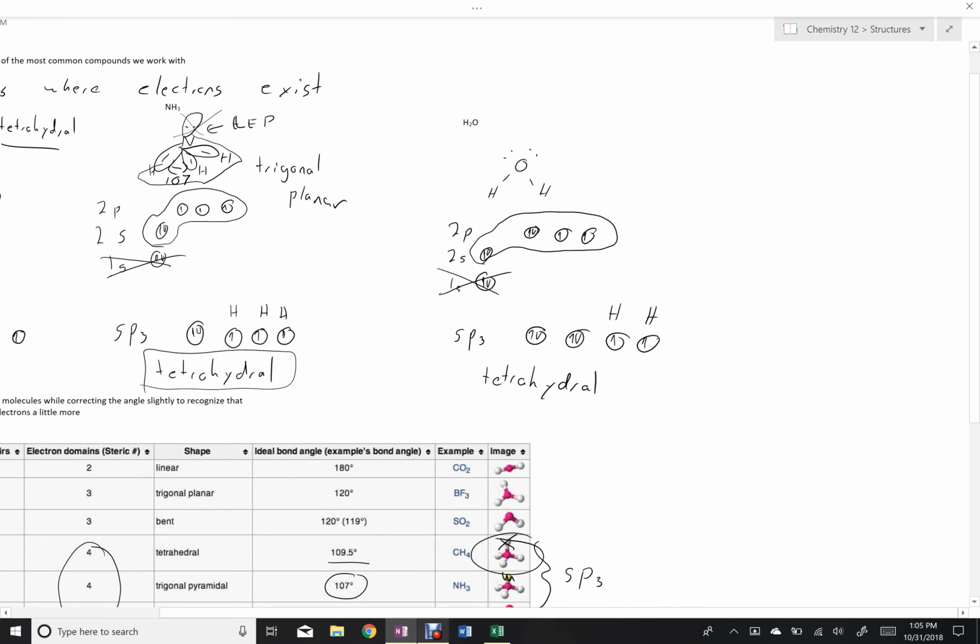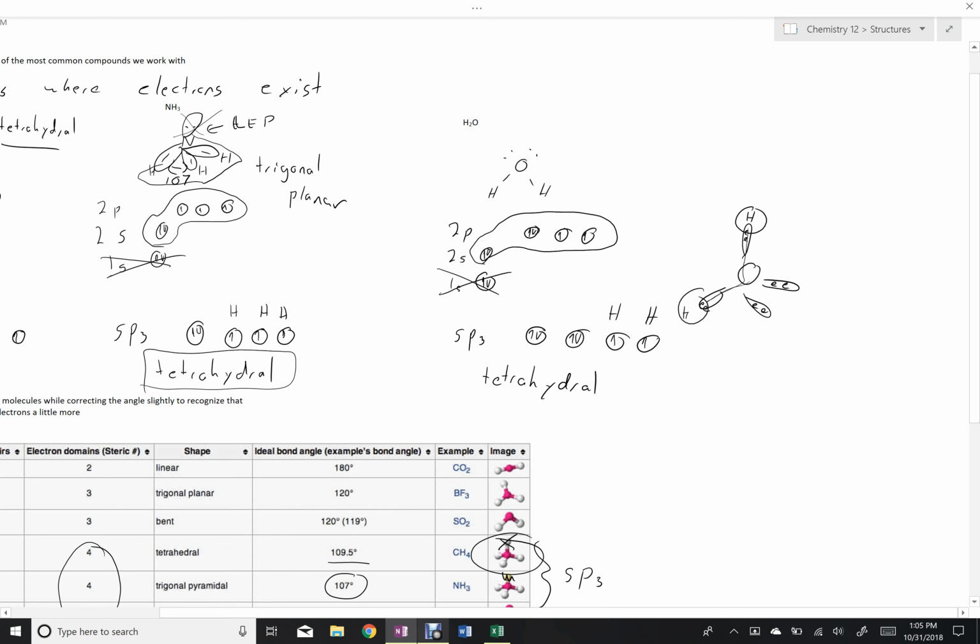So if I imagine my oxygen molecule, I have tetrahedral shape to my actual orbitals, but 2 of them are full of lone electron pairs, and only 2 of them form bonds with our hydrogen. So what we end up seeing is this overall angular or bent shape.